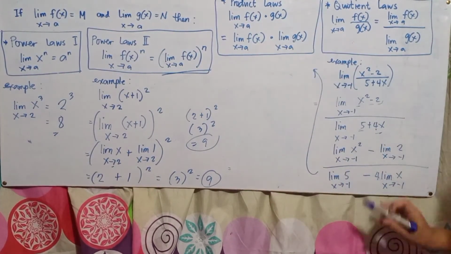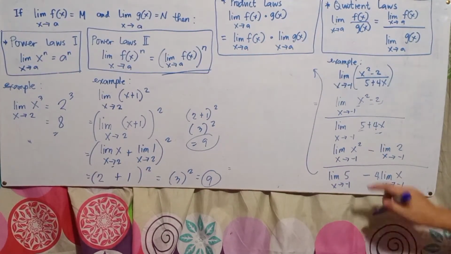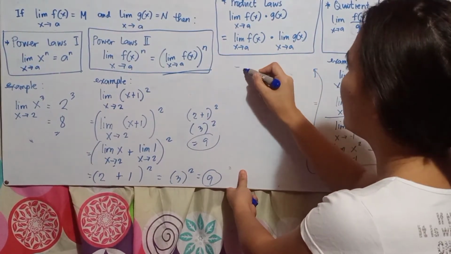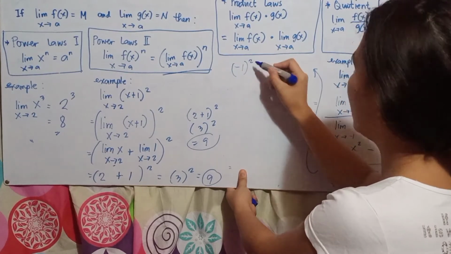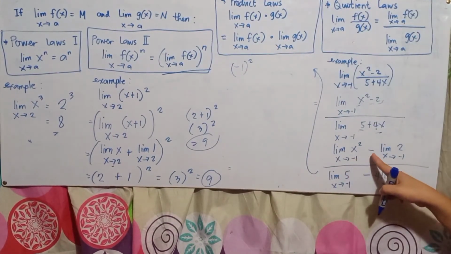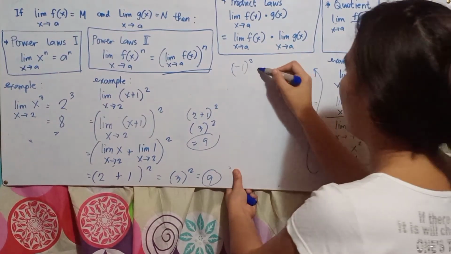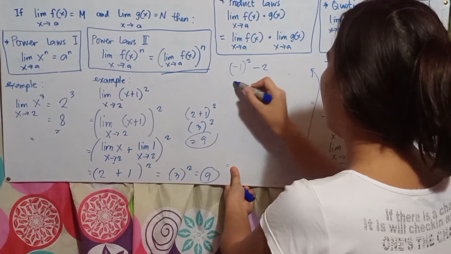Tara. So, sa numerator, magiging negative 1 squared minus limit of 2 as x approaches to negative 1 is 2, minus 2.